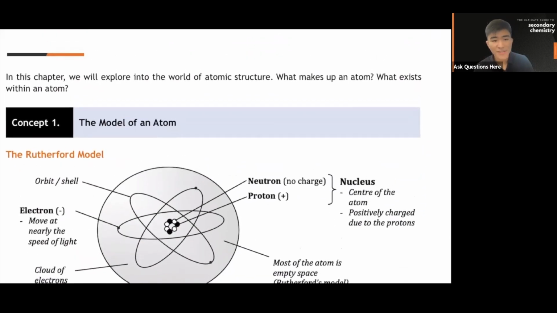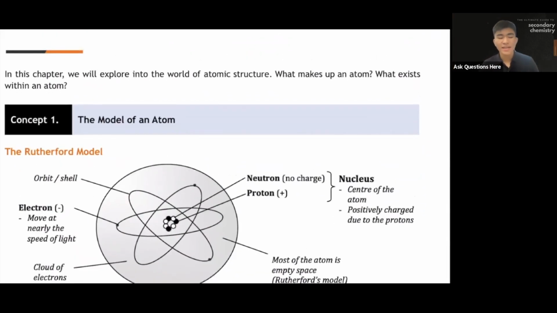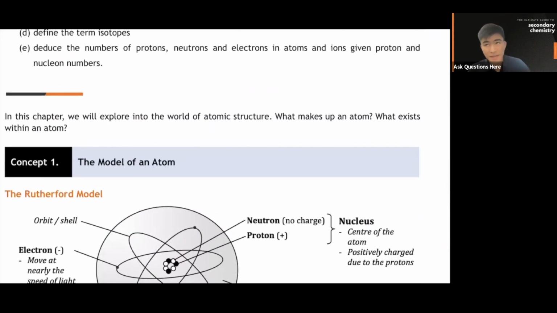Let's look at the first concept for atomic structure. You have actually learned this way back in primary school, primary 5 and primary 6. You learned that atoms are the basic building blocks of life, so nothing can come about without atoms. The topic that we learned is matter.